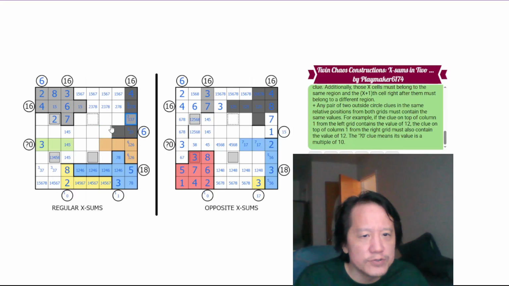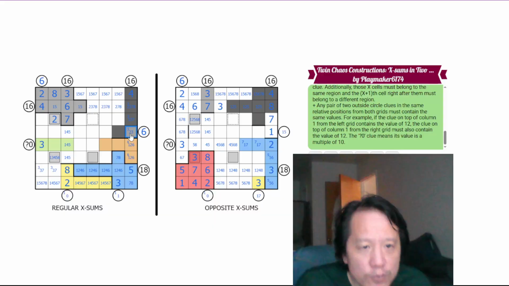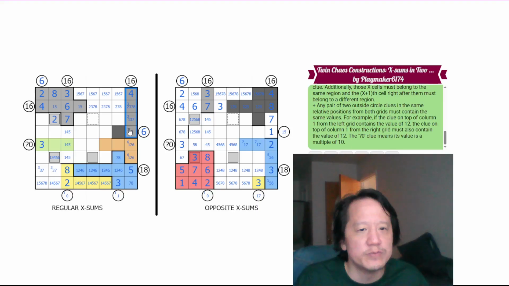Can you have 3, 2, 1 here? The answer is no. Three, 2, and 1 would force this to be 7 and this to be 8, and that's way too big to add up to 16. We need a 1 or 2 here.